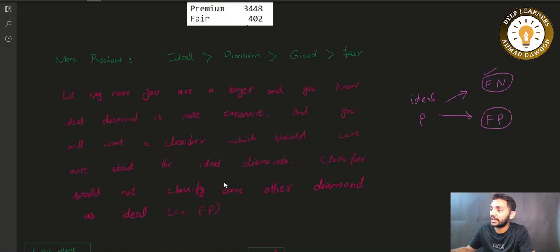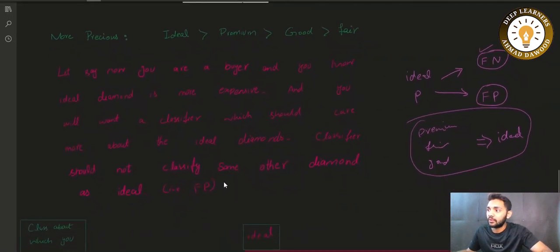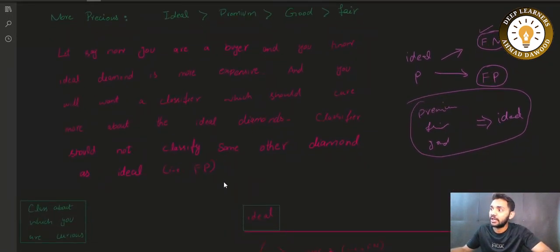It means your model is predicting some premium, fair or good diamonds as ideal diamonds, making false predictions in that way. So you want a classifier which cares more about that error, false positive with respect to the ideal class. We should have fewer false positives with respect to the ideal class.